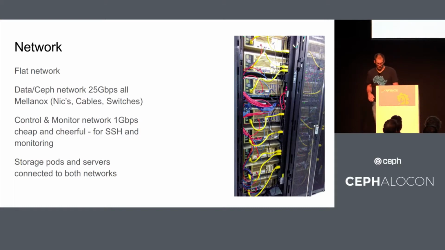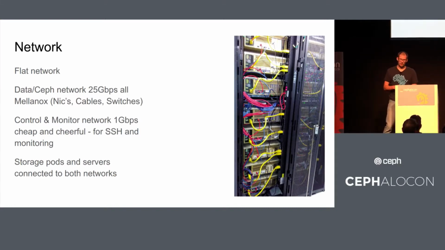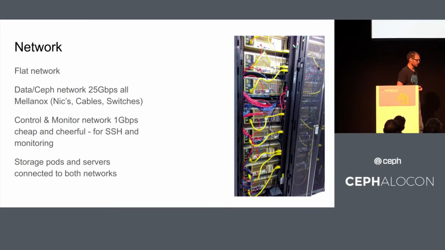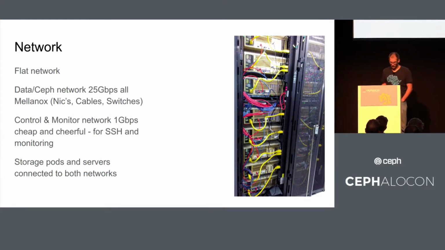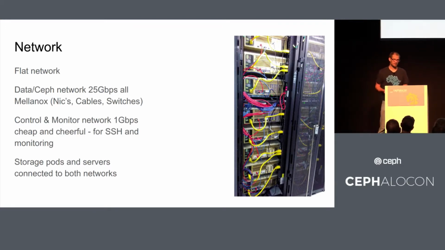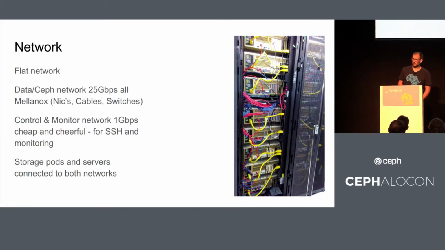Just a note on networking. We've played around with very many networking options and had a couple of suppliers bring us units to test with. In the end, we went for the Mellanox switches. We found them to work very well. We've also opted for 25 gigabit into each of our boxes. We did not split our Ceph network from our production network, to keep it simple.